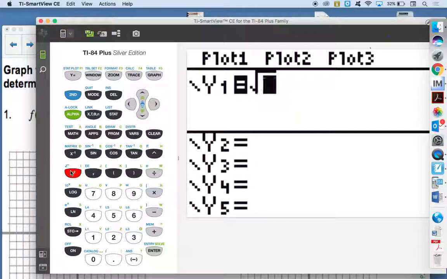When you enter this into the calculator, it depends on the version of your calculator. Make sure the radical part covers the whole expression you're putting in, x minus 2. You want that little bar above both the x and the minus 2. If not, you'll have to put it in parentheses, depending on what calculator you have. And then you can hit graph.